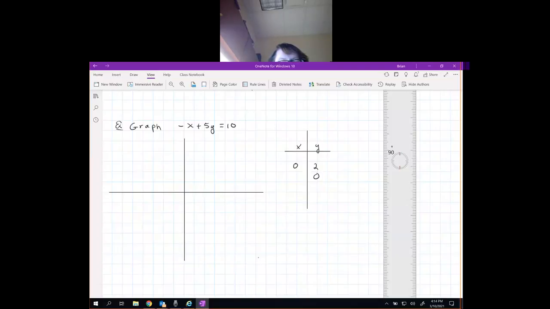Let me fix that. So 0, 2, when I go to graph that, I'll go up 2 units from the origin. And then negative 10, 0. I'll go to the left 10 places if I have enough room. 1, 2, 3, 4, 5, 6, 7.